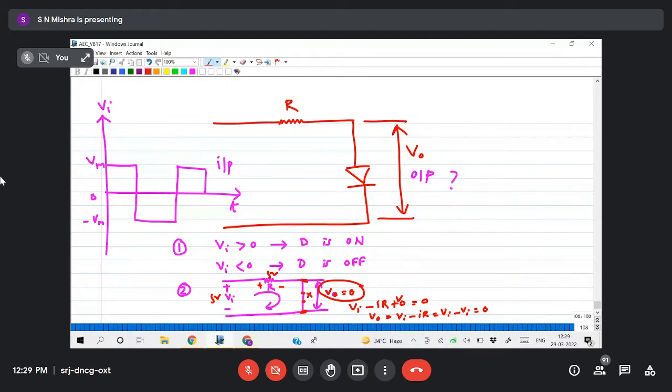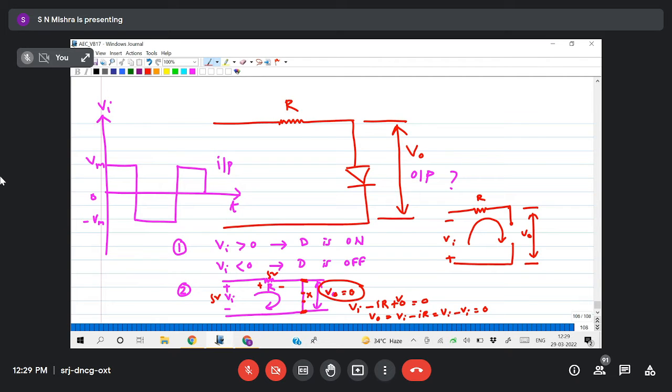Now when the diode is off, let us see. The equivalent circuit is this one, open circuit. So negative half cycle. Here plus, here minus, Vi, R, then here V naught. Now apply KVL here. What is the voltage drop across the resistor?